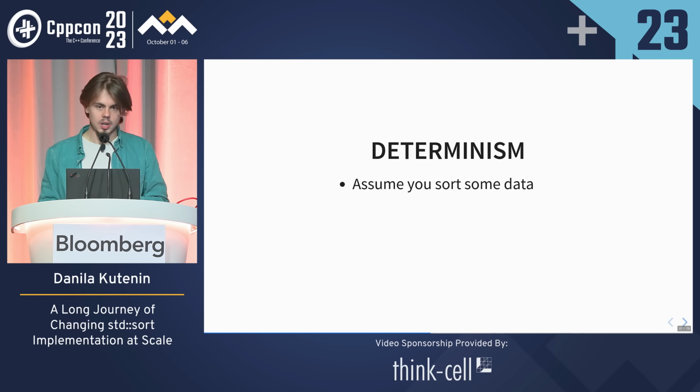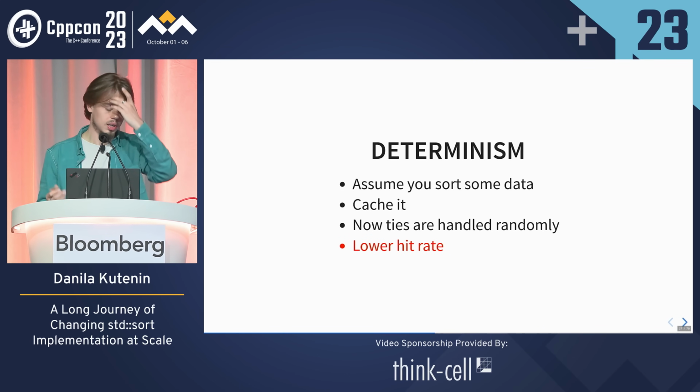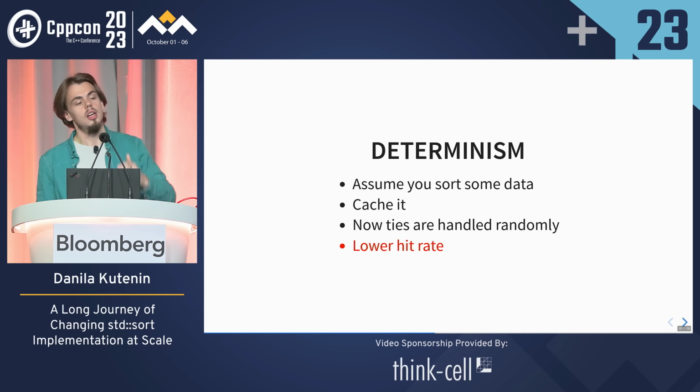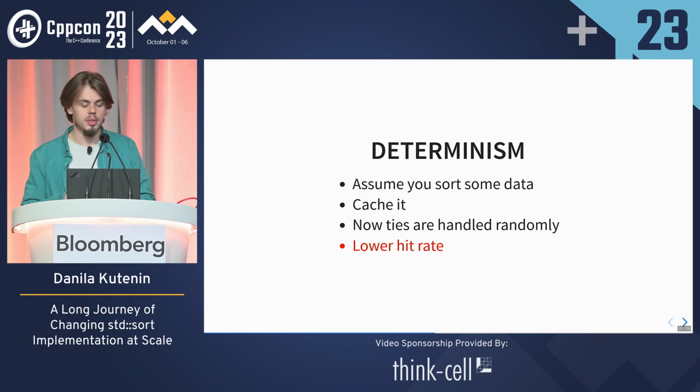So harder cases involved more time. For example, assume you sort some data, you do a search, and you cache it somewhere. Then you have ties, and they're handled randomly. And now you have a lower cache hit rate, because ties can change something that's on the border where you want to, I don't know, limit the result.